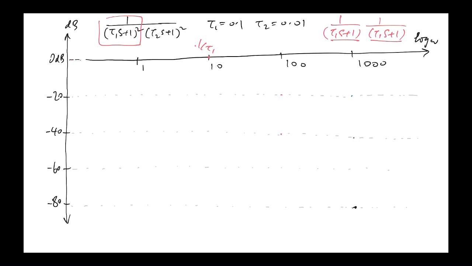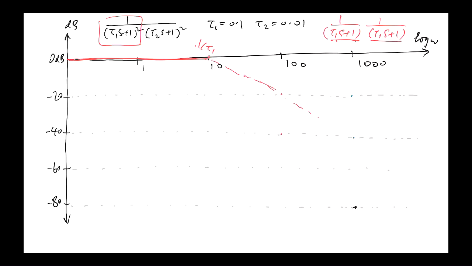So both of those will be sitting at 0 dB. Beyond that frequency, we know from the examples and analysis we've done before that each of these will kick down at 20 dB per decade. So we've got 2 of them kicking down like that.